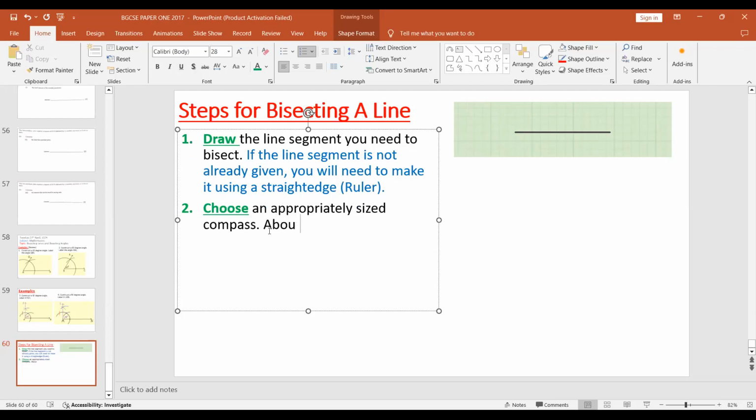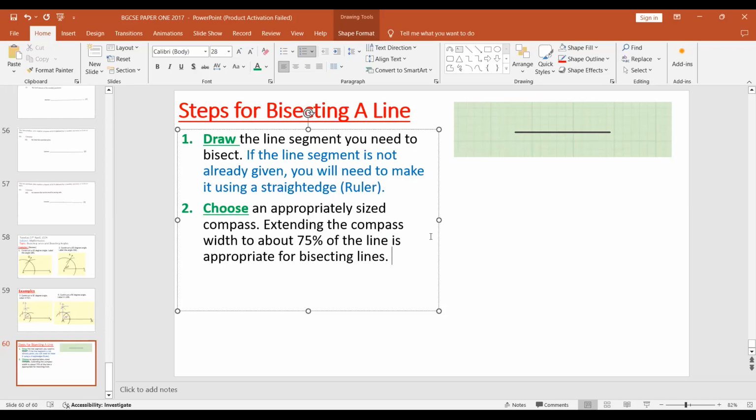Extending the compass width to about 75% of the line is appropriate for bisecting lines. So you want to make sure that it's about 75% of the way, so more than half.